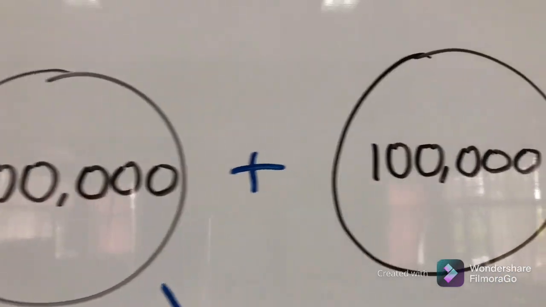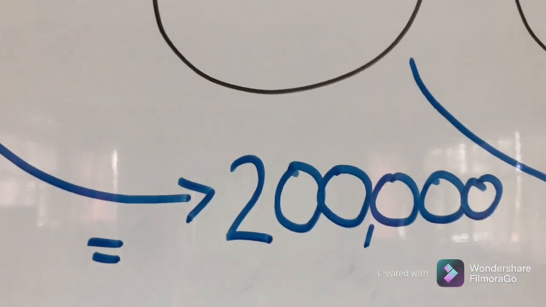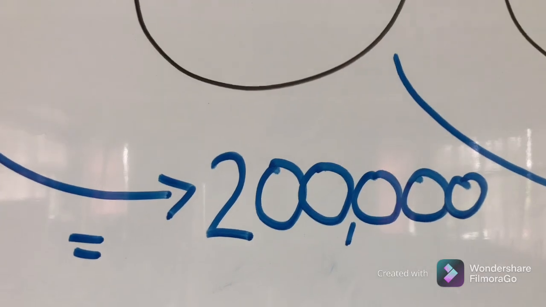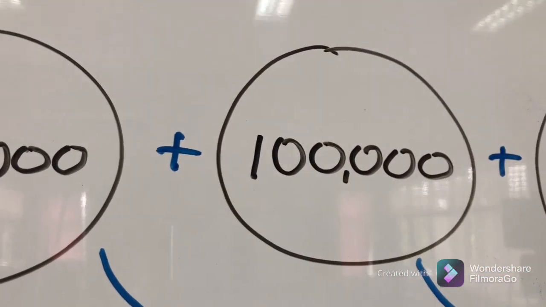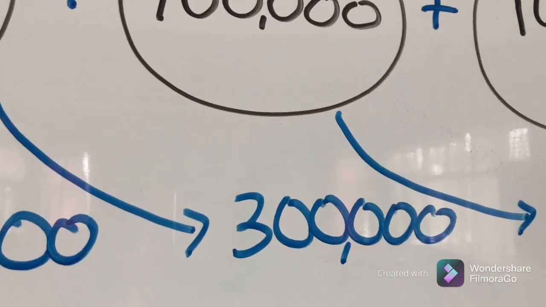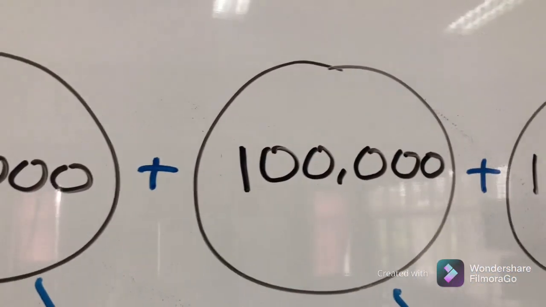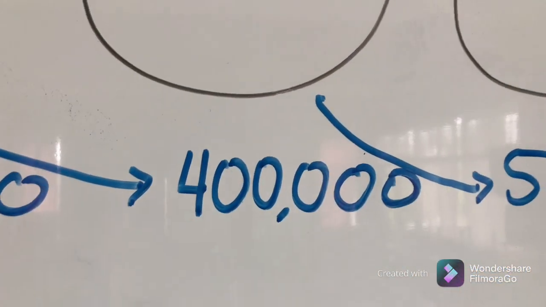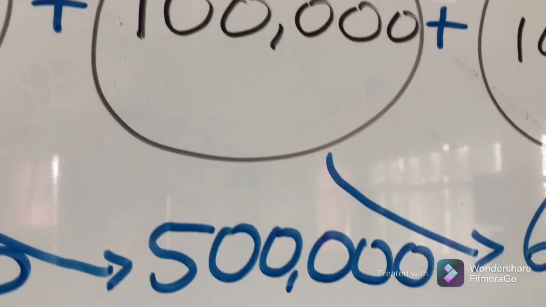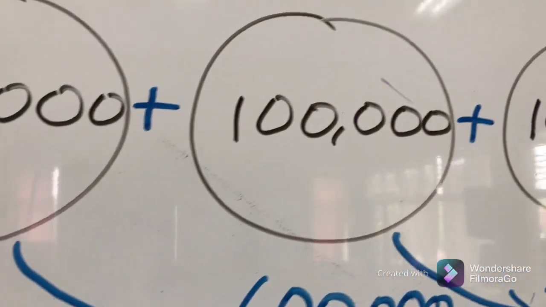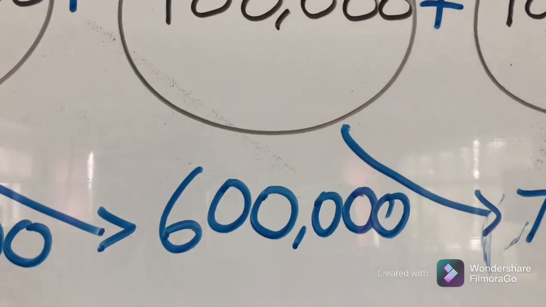100,000 plus 100,000 equals 200,000. 200,000 plus 100,000 is 300,000. Plus 100,000 is 400,000. Plus 100,000 is 500,000. Plus 100,000 is 600,000.